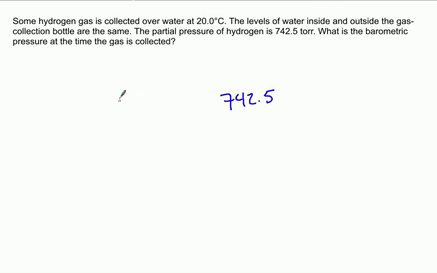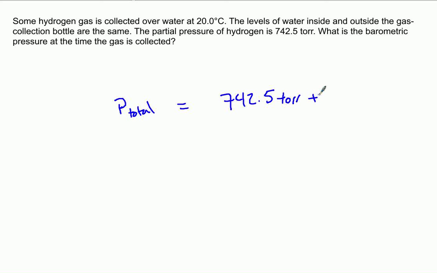So I don't know what the total pressure is, but I know how to get it, right? All I have to do is add up parts to get a total. So this 742.5 torr is my part that came from hydrogen. I just need to know my part that came from water.